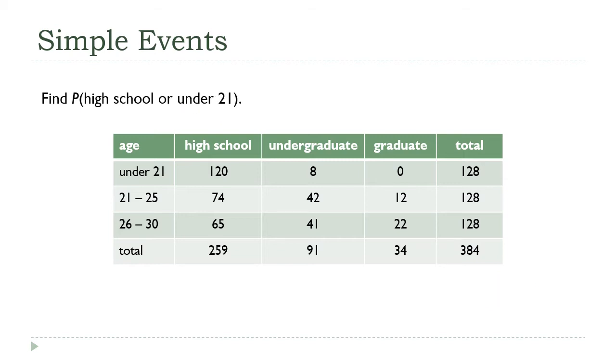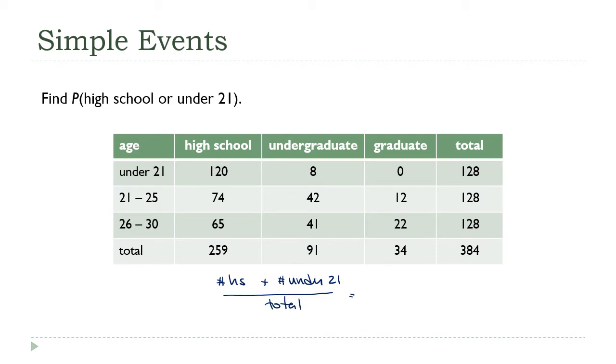Okay, so let's try another one. The probability of a person being selected having either high school as their highest education level or being under 21. We've kind of got our method now. I'm thinking this is going to be the number of high school graduates plus the number of people under 21. We'll just put the two groups together and divide by the total.